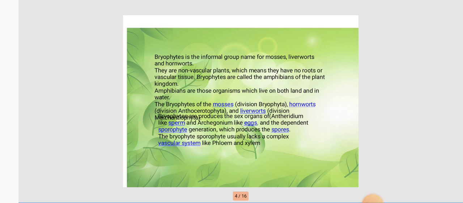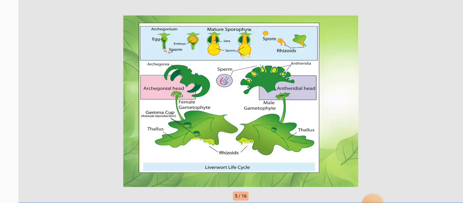So there is no vascular system, no roots, no stem, no leaves. Then the mature sporophyte, the archegonium and antheridium, and the thallus of the male and female gametophytes of liverworts. You can see the life cycle in this slide.